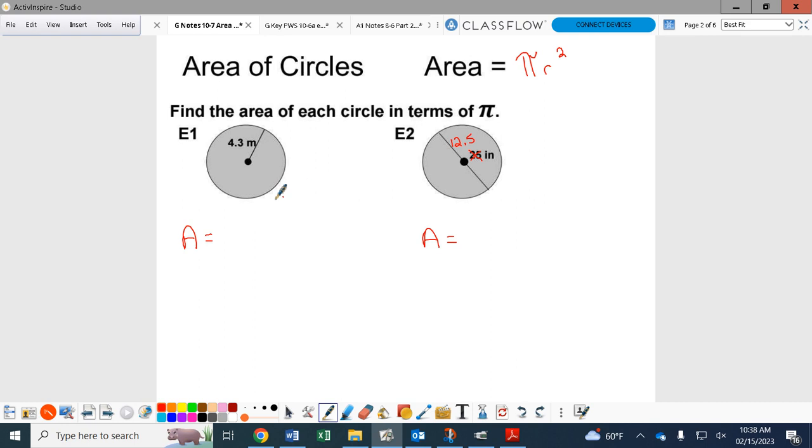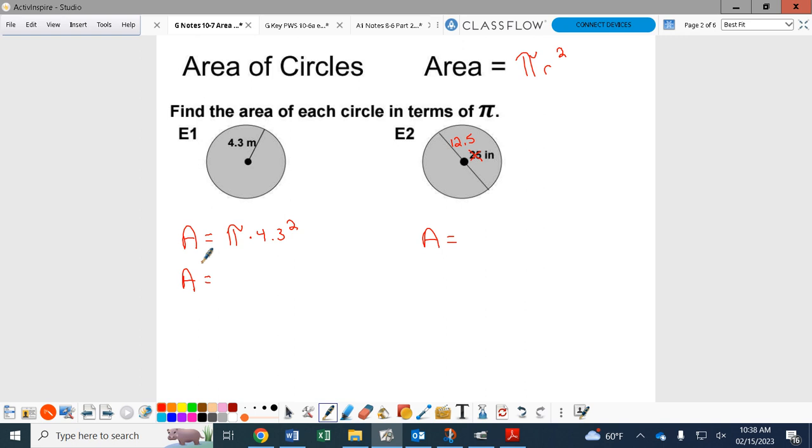Here we go. Our formula is pi r squared, so it's going to be pi times 4.3 squared. Okay. Grab your calculators. It's going to be 4.3 and hit the square button, guys.